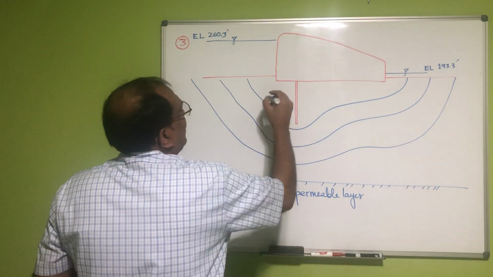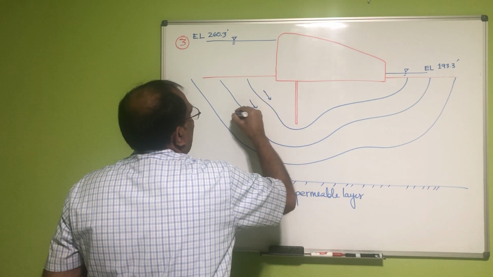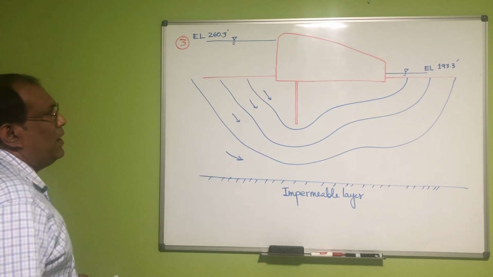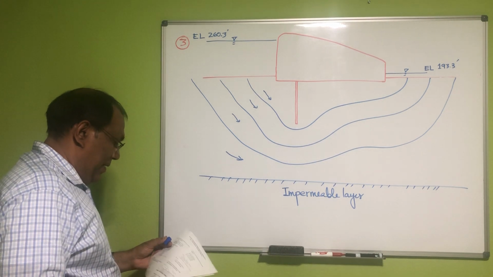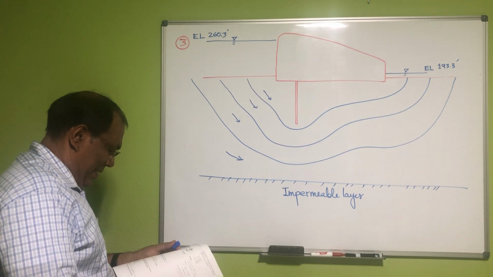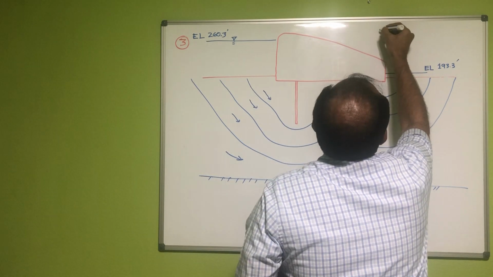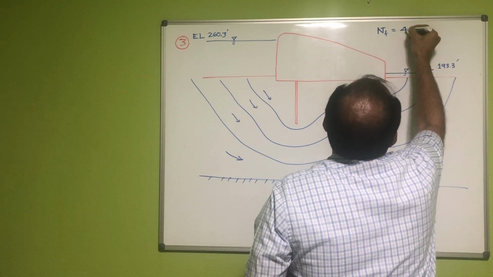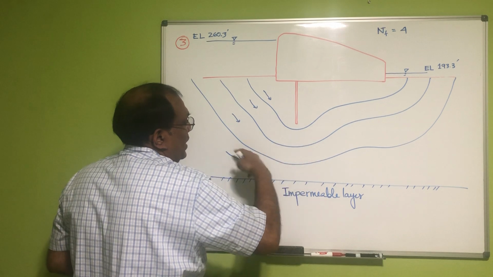Each of those paths we call a flow path; you can see this is 1 path, 2 path, 3 path, and 4. We call that the number of flow paths. So NF is actually 4 here: number of flow paths, 1, 2, 3, and 4.